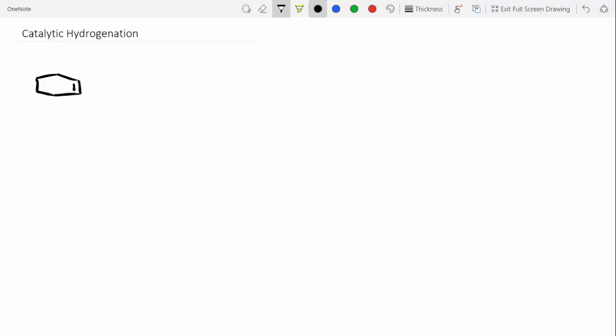So catalytic hydrogenation is a unique reaction where you take hydrogen gas and you seal it in a vessel with your alkene, and you typically add some sort of catalyst like platinum or palladium, and typically this catalyst is on a carbon substrate, so it's not just a chunk of platinum in there. That would be a very expensive reaction.